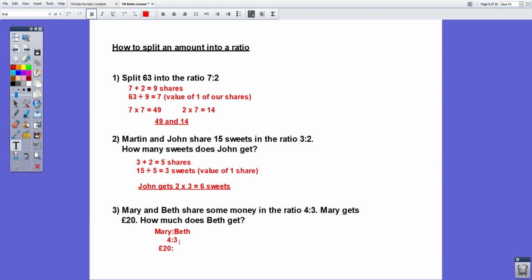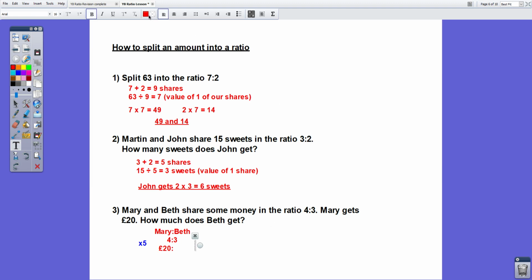That's the ratio. Now, how many 4s make 20? 4 times 5 is 20. Now, whatever we do to this side of the ratio, we have to do the same to this side of the ratio. So we have to multiply this 3 also by 5.